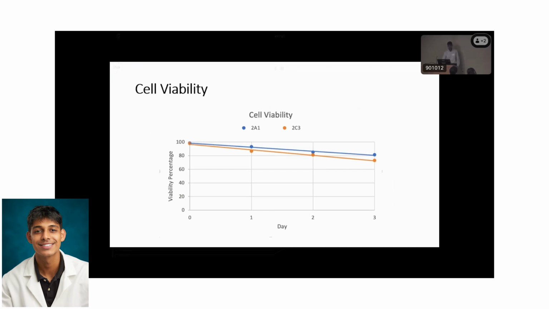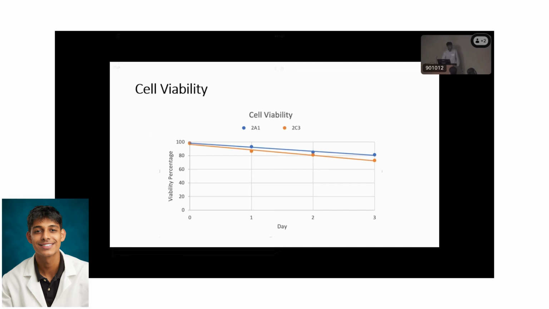And then I also determined the cell viability over a 3-day period. So for the general trend, you can see there's a gradual decline in both 2A1 and 2C3 cells. Initially, both had a cell viability percentage of around 98% on day 0.